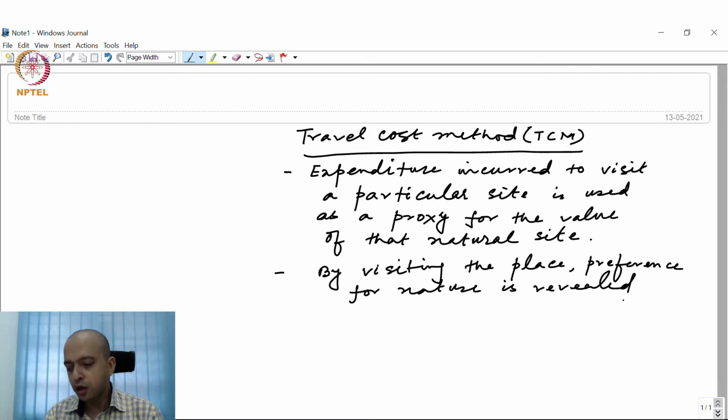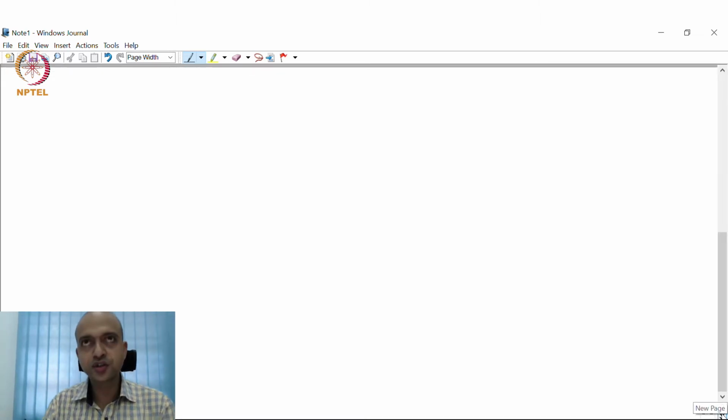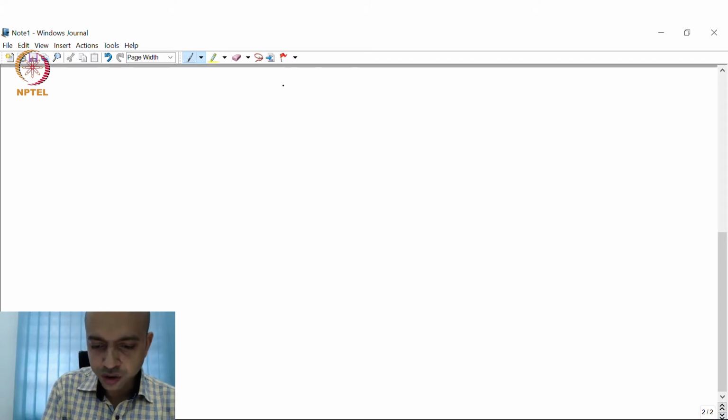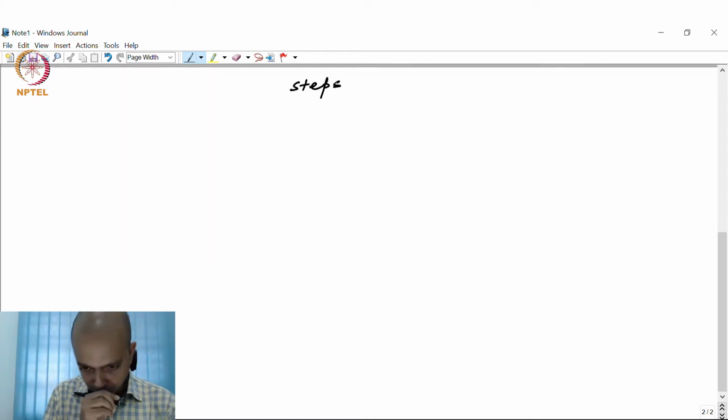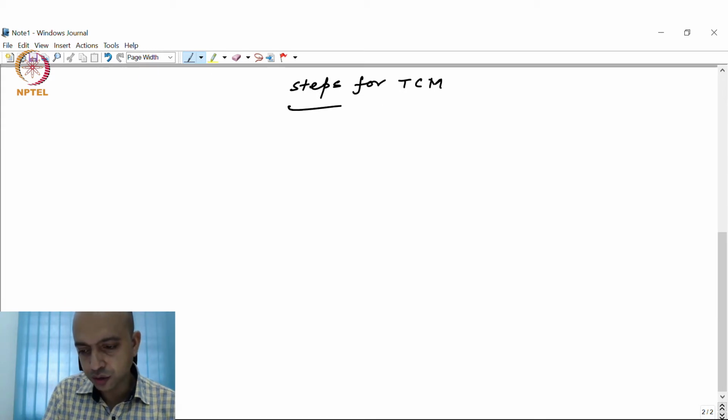Now we will discuss the different steps of this travel cost method. How does it go empirically? How do we estimate? So, steps for the TCM, or travel cost method.